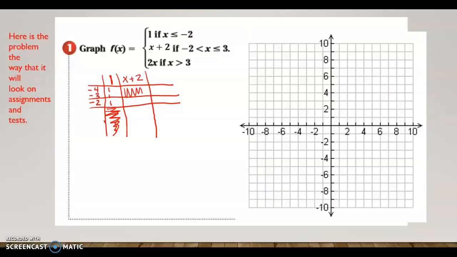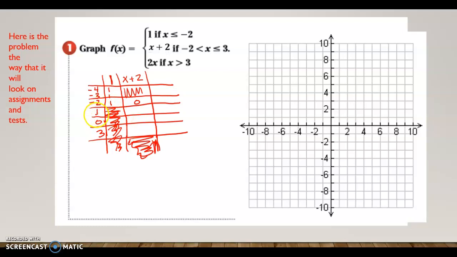So, at -2, we ended up with 0. And I did 1 and 0, and then I jumped to 3. Okay. Still can't do anything in the first one. It's just too big. This one is only good between here and here. After that, after the 3, it stops. I can't use it anymore.